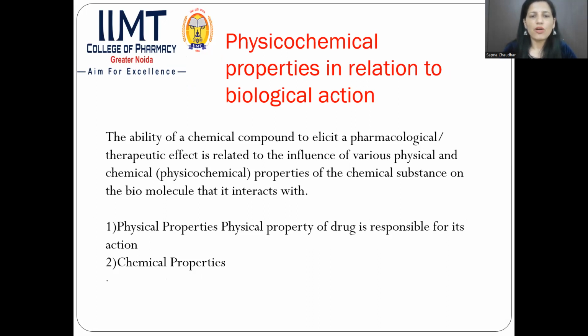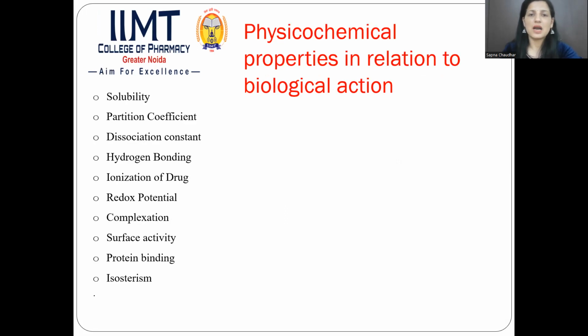The ability of a chemical compound to elicit a pharmacological or therapeutic effect is related to the influence of various physical and chemical, that is, physicochemical properties of a substance on a biomolecule that it interacts with. Physical properties of the drug are responsible for its action, and chemical properties are also responsible for the chemical action.